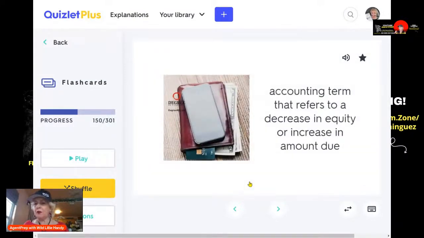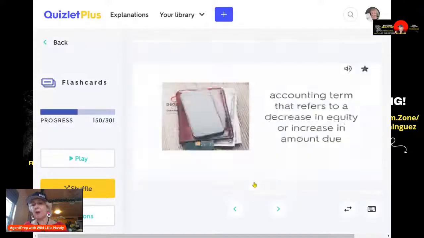That means your debt increased and you have less equity to use. Let's say you refinance and get a home equity line of credit, a HELOC. Now you've used the equity that you've paid down on your loan, so your loan amount increased. So that is a debit. That's the accounting term.